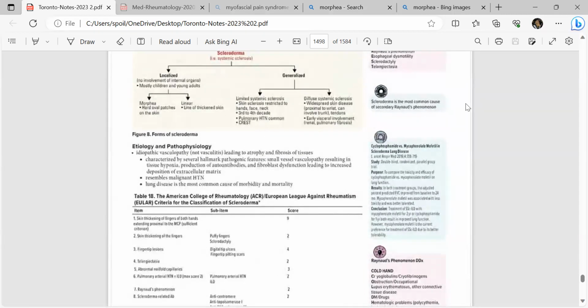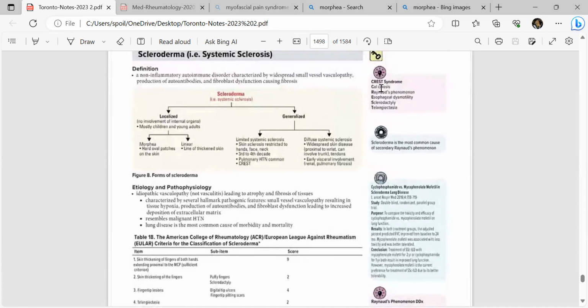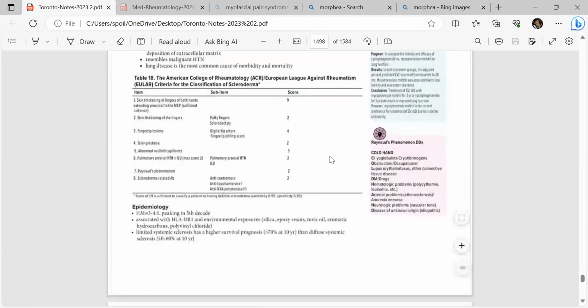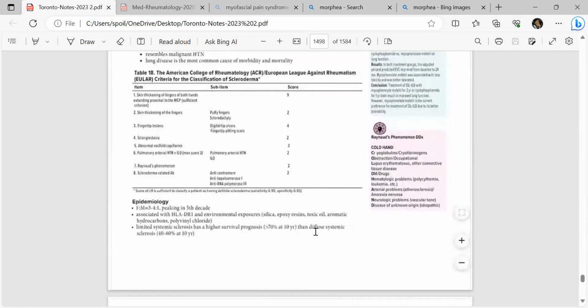Pulmonary hypertension is common, and CREST syndrome is there. Diffuse is widespread, proximal to the wrist, can involve the trunk and tendons, and causes renal and pulmonary fibrosis.